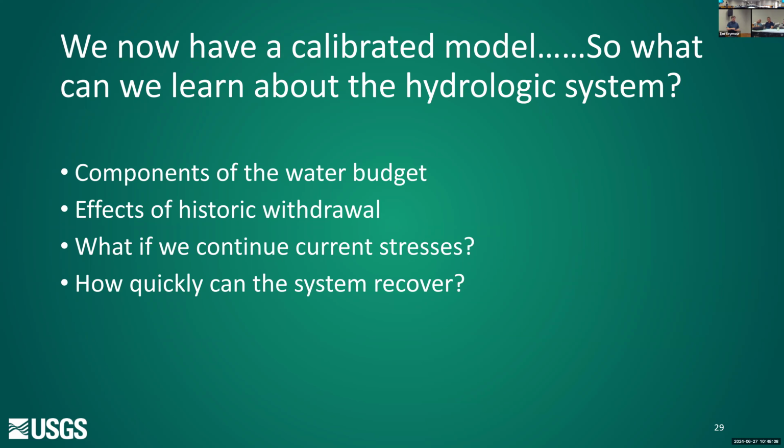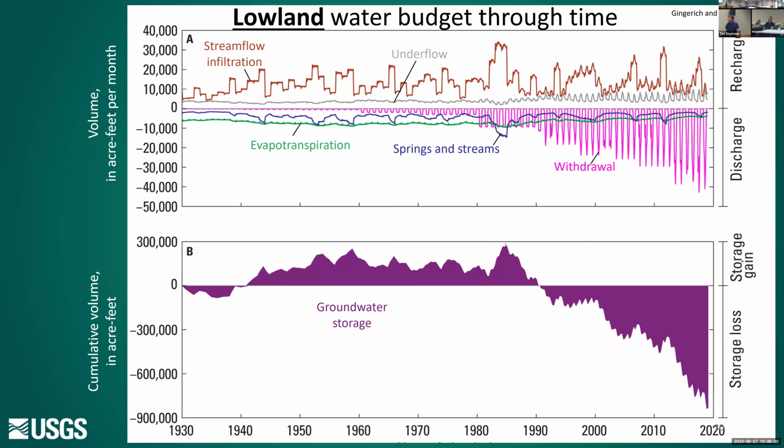Some of the things I'll talk about are components of the water budget that we can't really measure, but the model can give us some insight into, like the historic withdrawal and its effects on other discharge mechanisms. Then there are some scenarios we'll get to at the end.